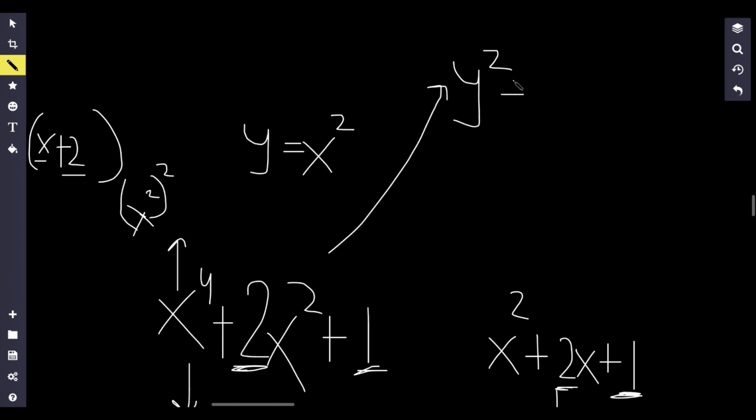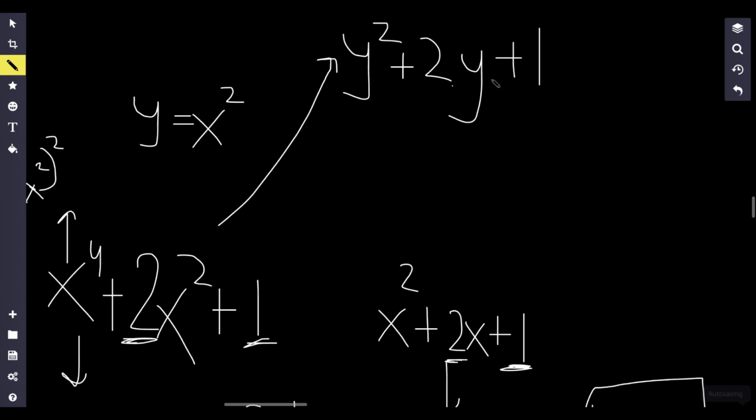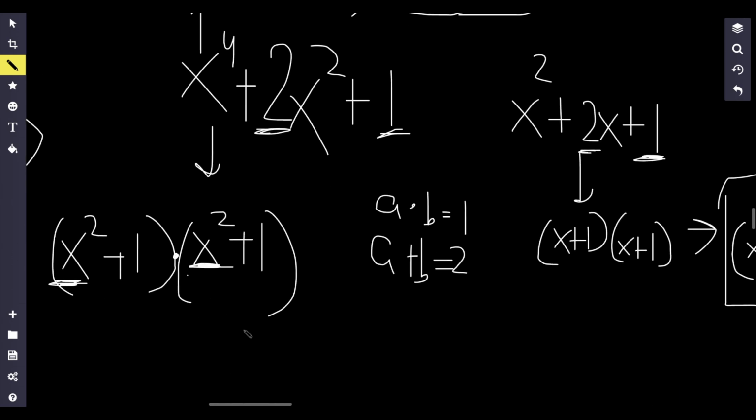And then this is going to be plus 2 times x squared. Well, we know x squared is equal to y, so it's going to be plus 2y plus 1. You can factor it into y plus 1 times y plus 1. And then after that, you can resubstitute x squared in for y, and you'll yield the same result.